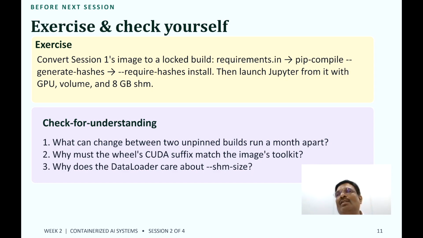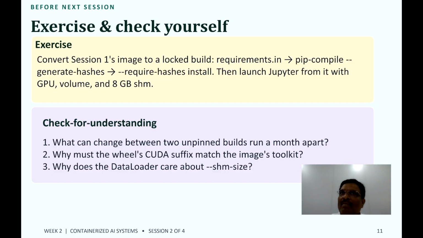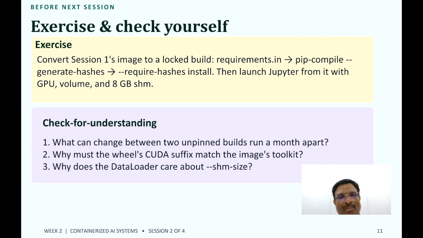This I told you is very important for developing your whole framework, because everything needs to be in sync. This is a hint. And why does the data loader care about SHM size? These are things you should be able to answer.